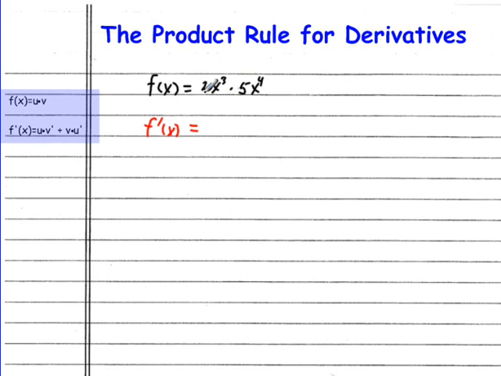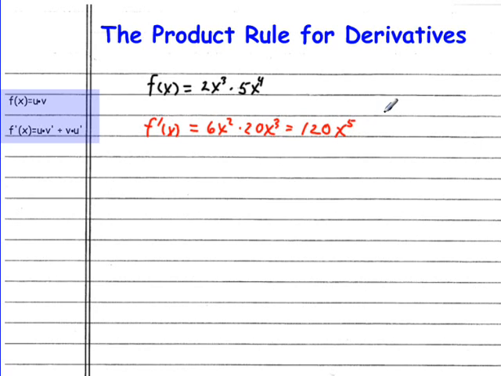The derivative of 2x cubed would be 6x squared. And the derivative of 5x to the fourth would be 20x cubed. And if we simplify that, we would get 120x to the fifth.